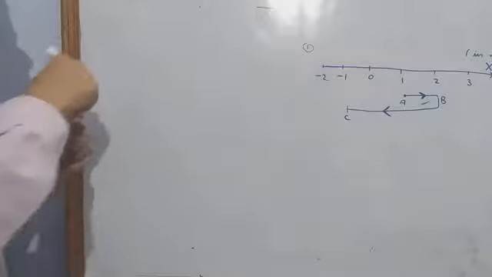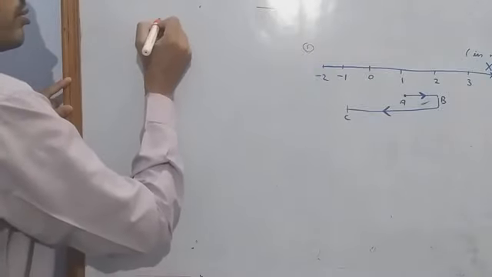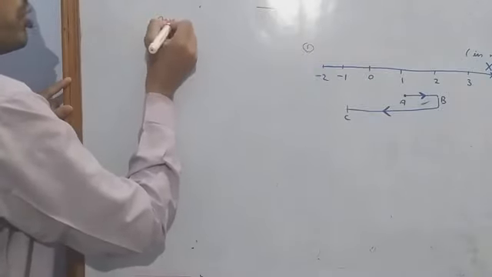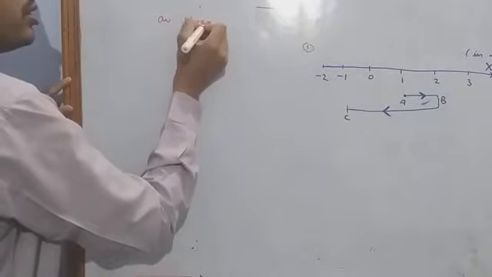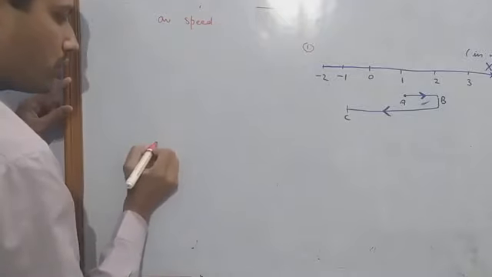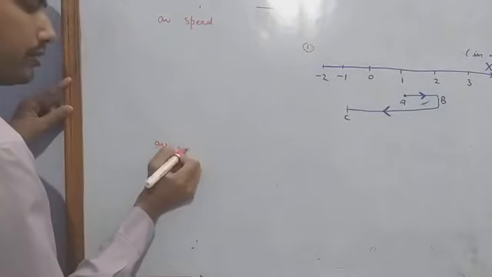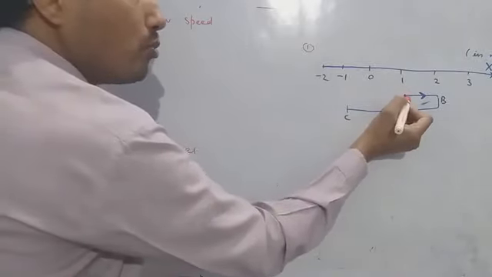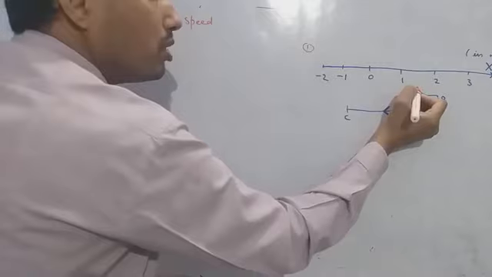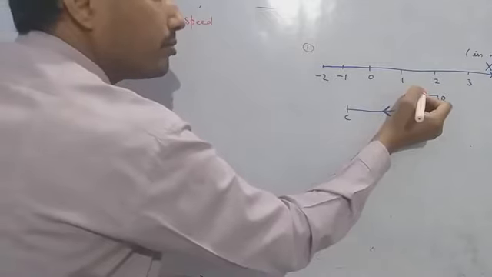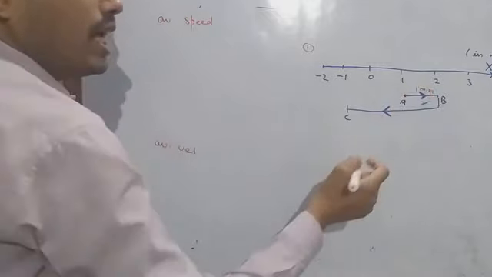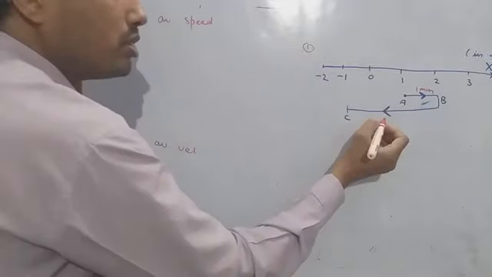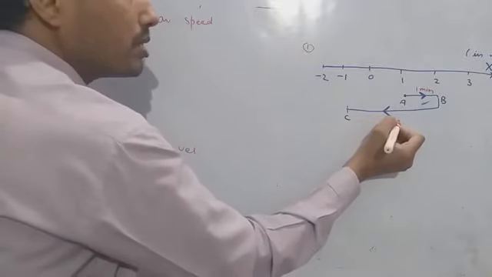In this question we have to find the average speed and average velocity, given that the time it takes to move from A to B is suppose 1 minute, and the time it takes to move from B to C is 4 minutes.